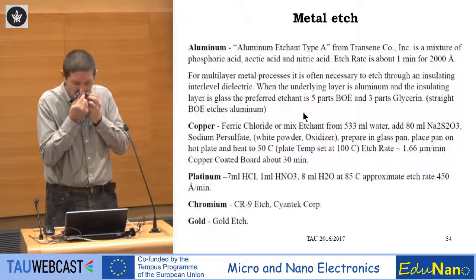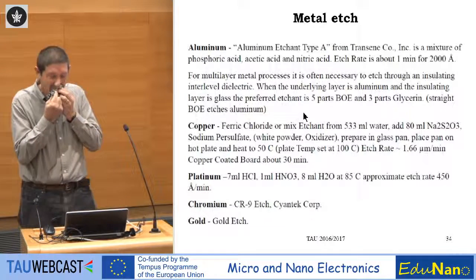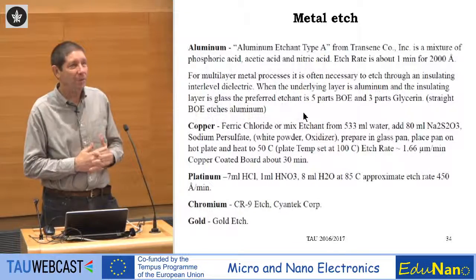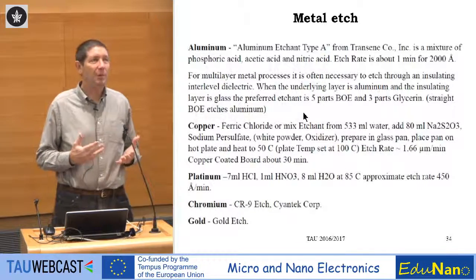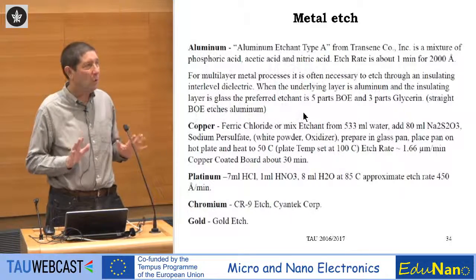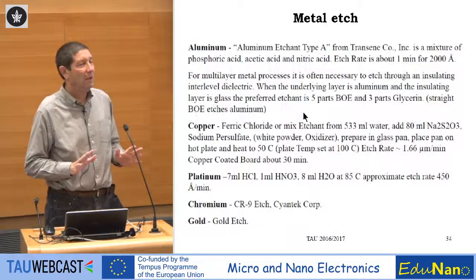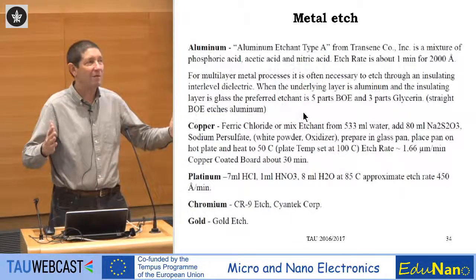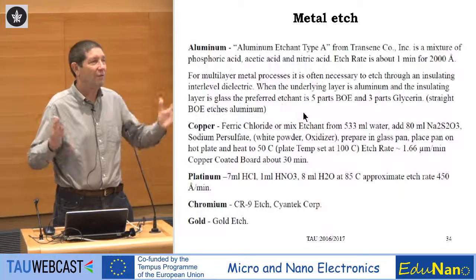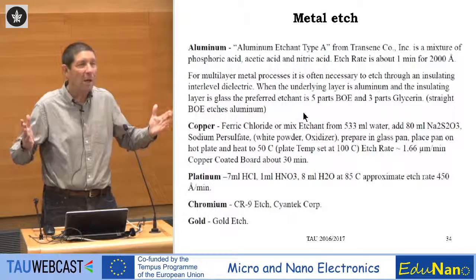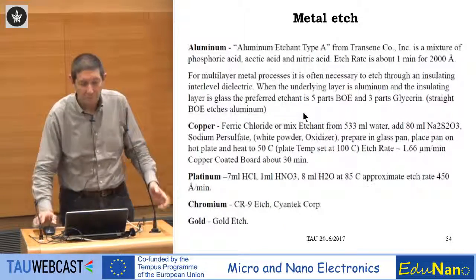Copper. Now, if you want to etch copper, this is a wet etch. This is a common etchant in PC boards, because when you deal with printed circuit boards, you can use wet etch because it's low cost, it's highly selective, and the resolution is not a big deal because you're dealing with line widths in the range of 75, 100, and 125 microns. So you can allow yourself to lose a few microns.